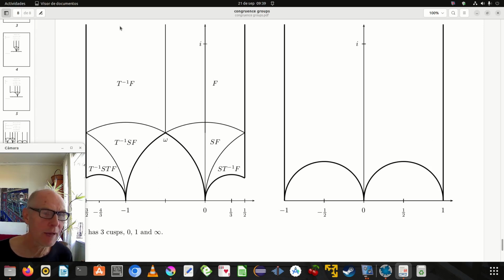So first we map this part to the right side here, and then this piece, this is the unit circle with center in 1, so it has cusps 0 and 2, and then this has 0 and 2/3.